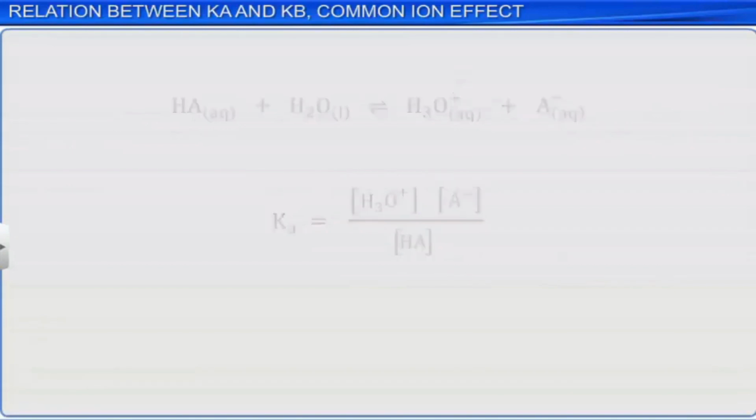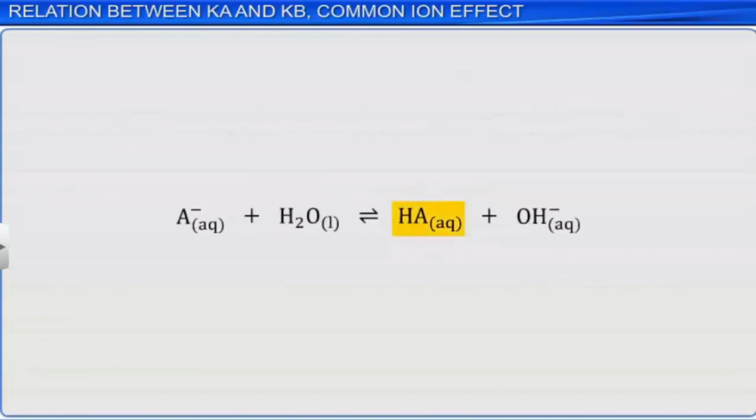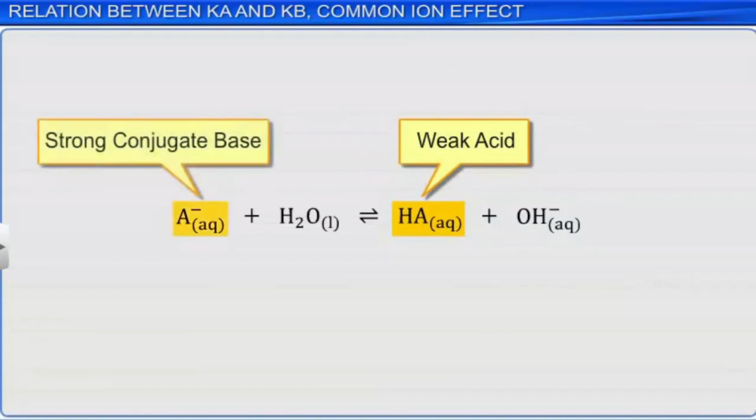HA, being a weak acid, has a strong conjugate base A minus. The dissociation equilibrium of strong conjugate base A minus in water can be represented as A minus aqueous plus H2O liquid in equilibrium with HA aqueous plus OH minus aqueous.